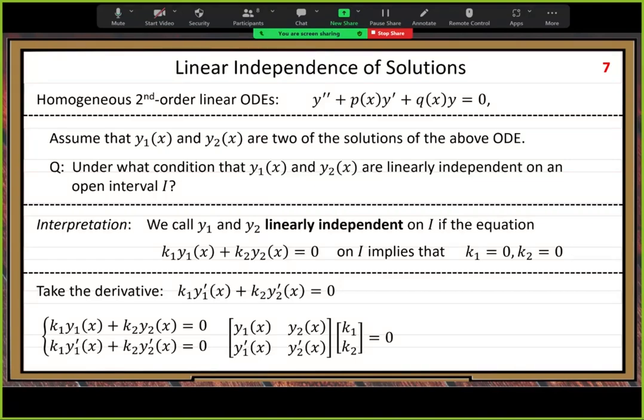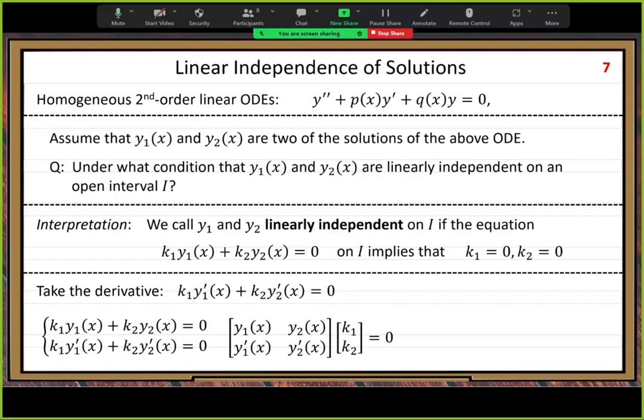If the determinant does not equal 0, then it does not have any non-trivial solution. That's the result from linear algebra. We need to use this result here to check linear independence.